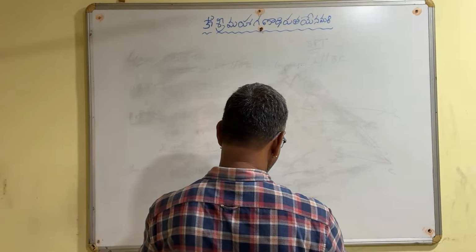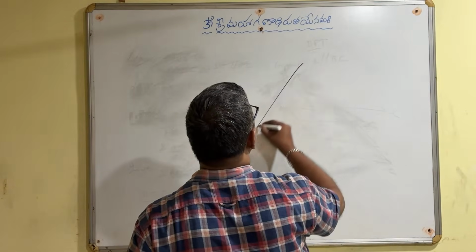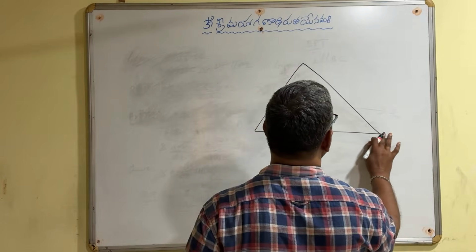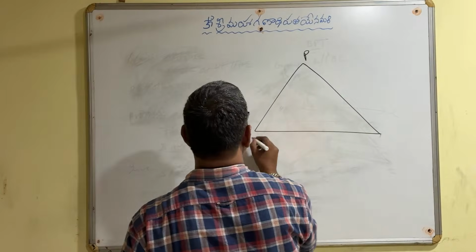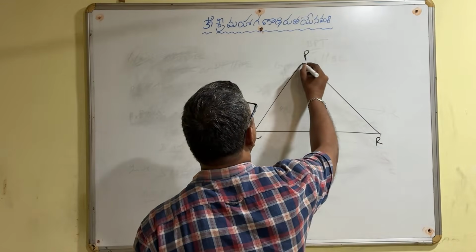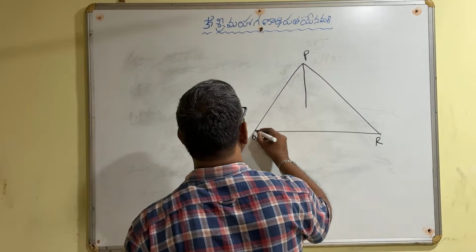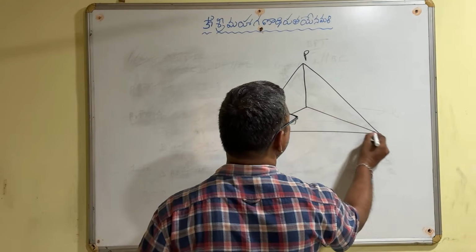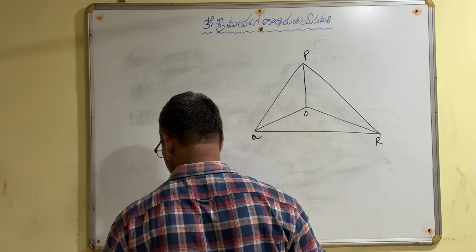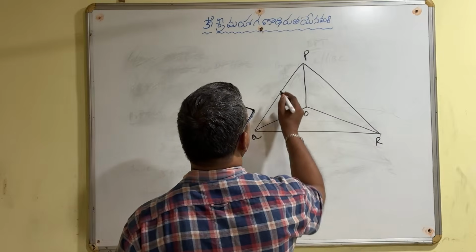There is a triangle PQR. There is a point O in the interior of the triangle.